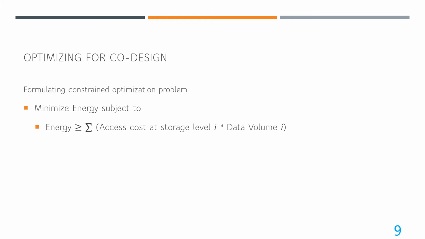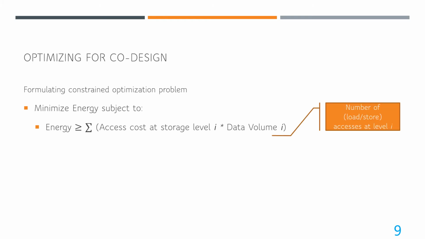This slide shows the formulation for minimizing energy. Energy at each level in the memory hierarchy can be found by multiplying the access cost per operation at the memory level and the total number of accesses at that level.